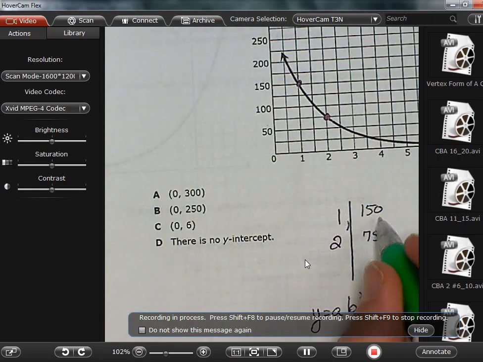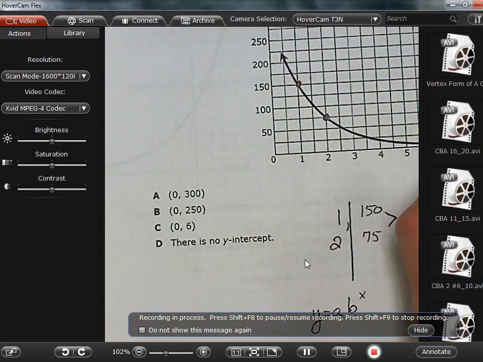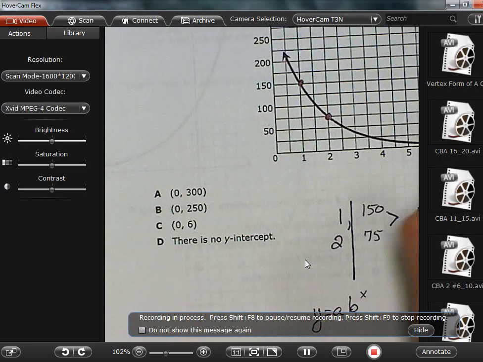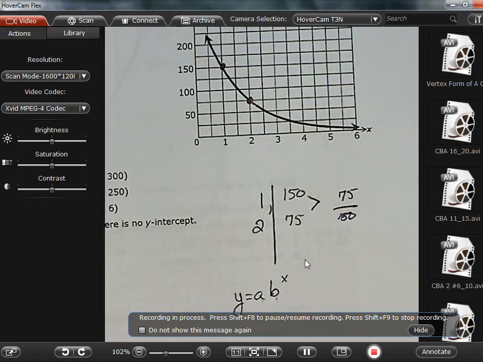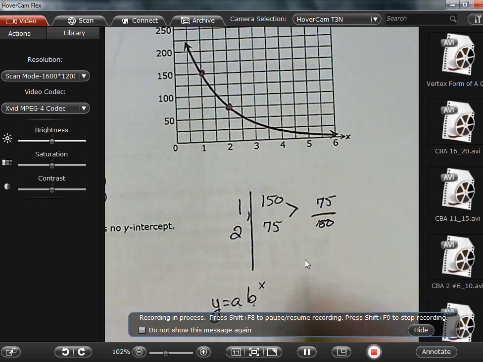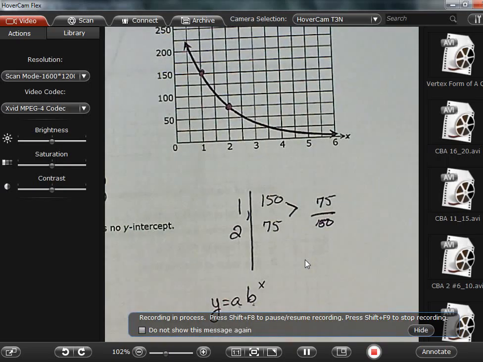Okay? What is the opposite of multiplication? So divide your y's. Do 75 divided by 150. And what do you get? What is 75 divided by 150? 1/2.